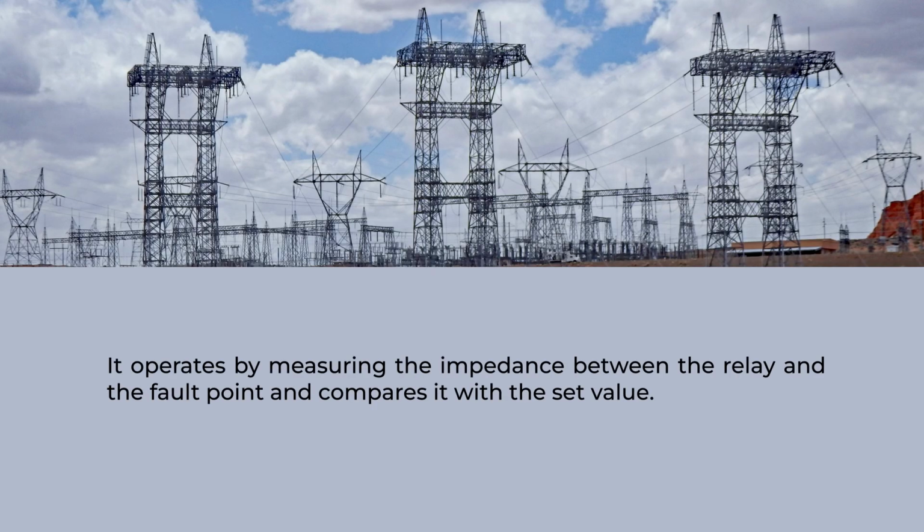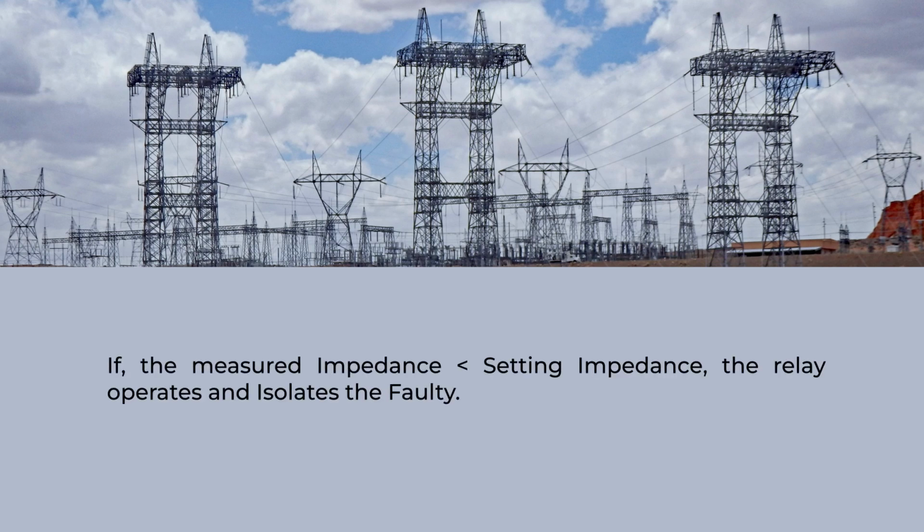Impedance type distance protection measures the impedance between the relay location and the point where the fault is incident and compares it with the set value. If the measured impedance is less than the set value, the relay operates and isolates the faulty section. Since the line impedance is directly proportional to line length, we get the exact location of the fault in kilometers.